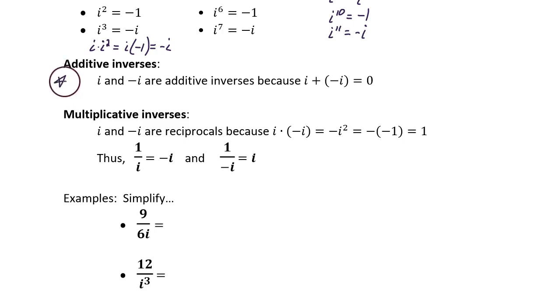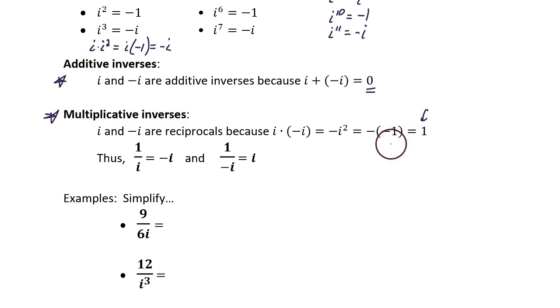Here's the definition of additive inverses when you're working with imaginary numbers. Positive i and negative i are additive inverses because when you add them together, it equals 0. This definition is consistent with additive inverses of real numbers. Here is the definition of multiplicative inverses when you're working with the imaginary unit i. i and -i are reciprocals because i times -i equals -i squared, and that makes +1.